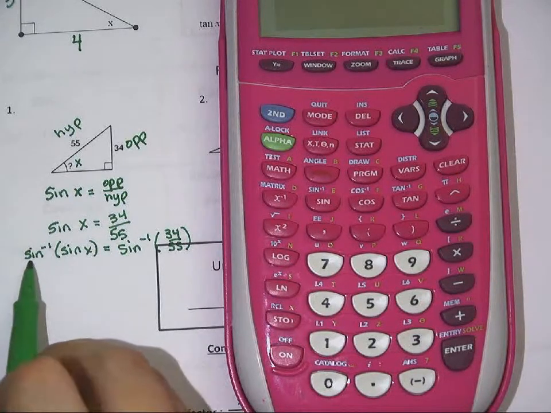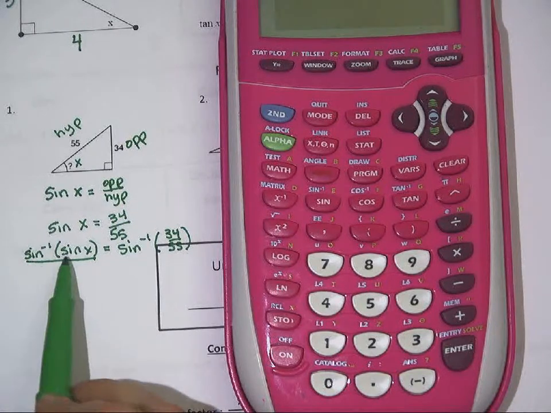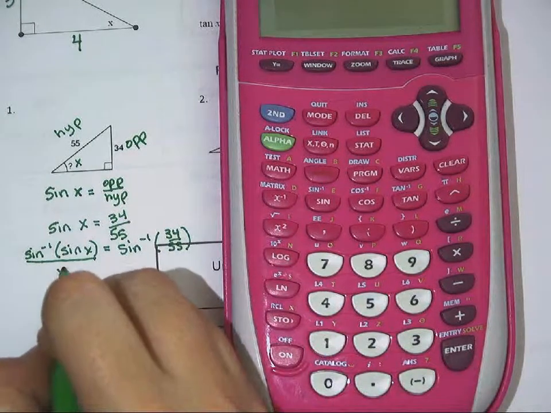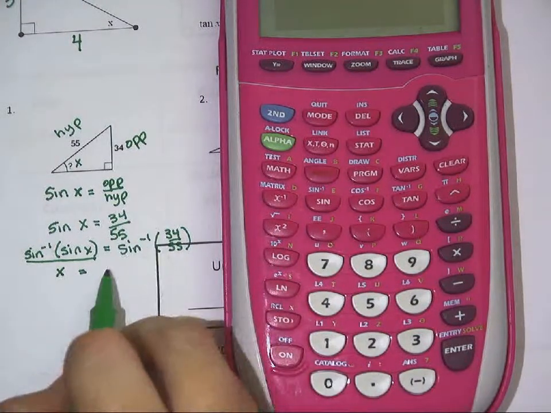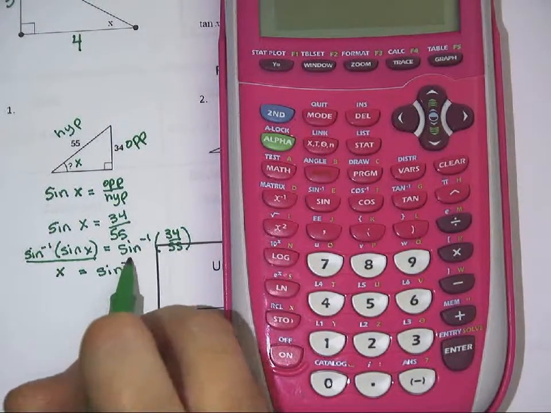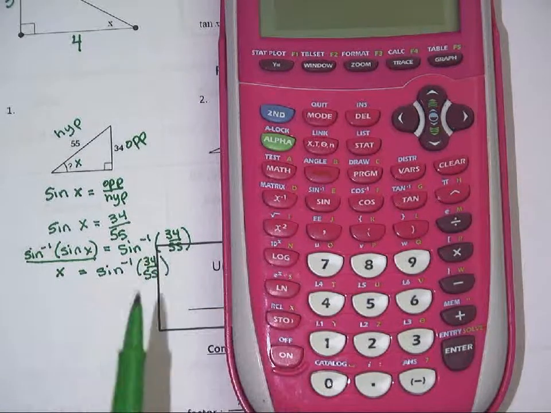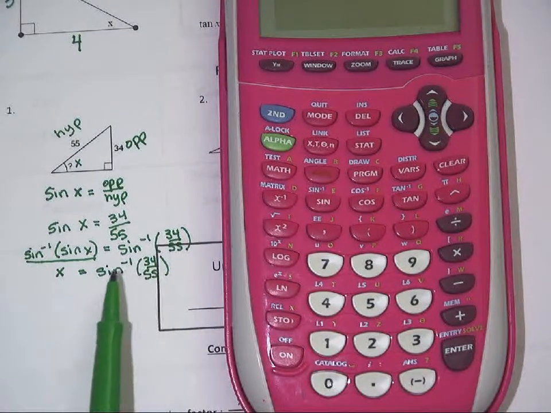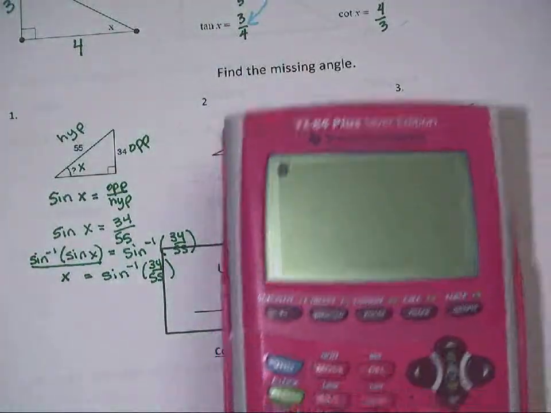On this side, sine and inverse sine are inverse functions, so they cancel out and just leave me with x. And on this side, I'm left with this. This part right here I can put into my calculator.